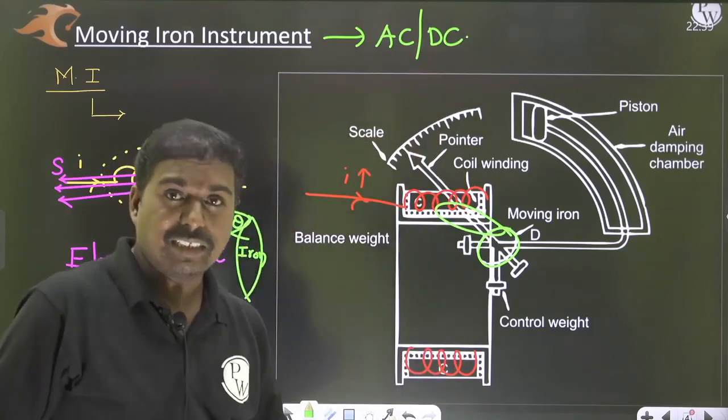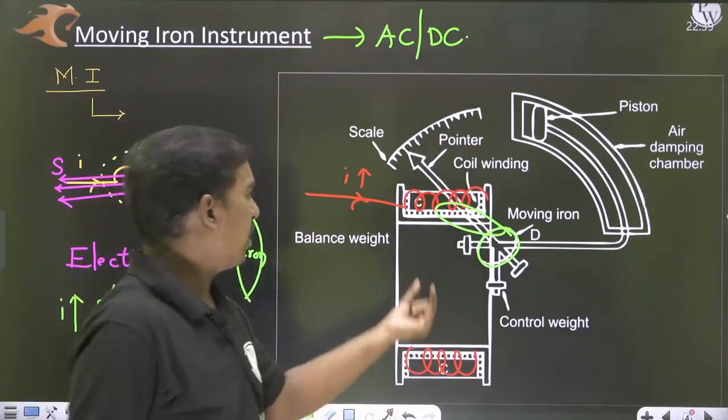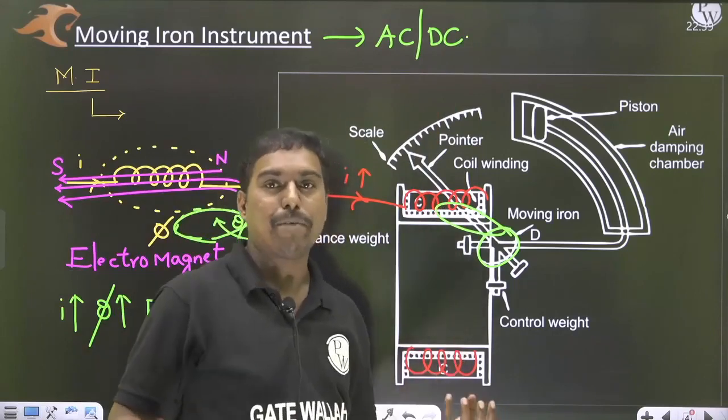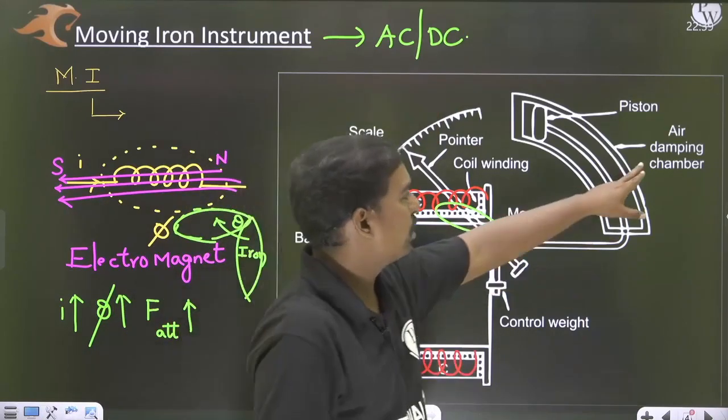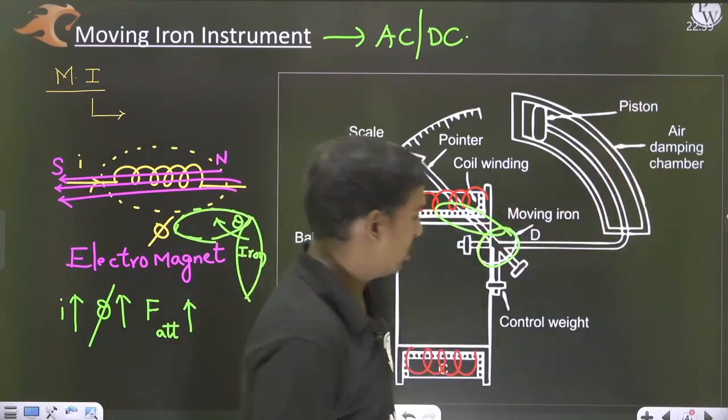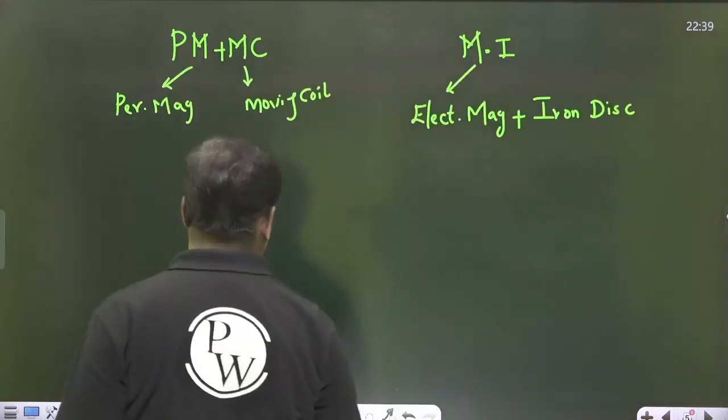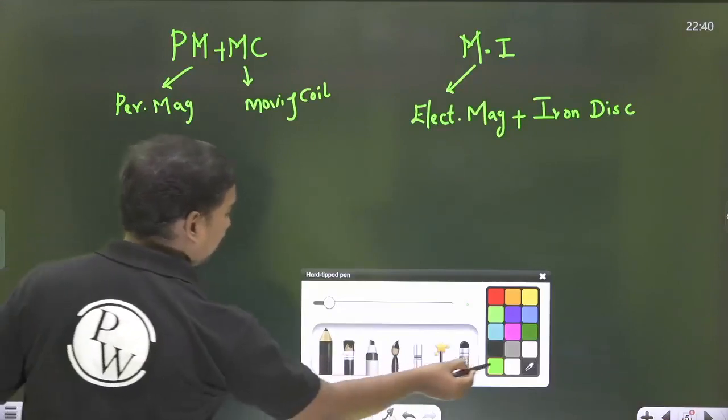And as it is a lightweight instrument, because we are using the electromagnet, not a permanent magnet. For a permanent magnet, we have to use eddy current damping, but here we are using air friction damping. So the features you have to understand. This is the deflection torque.